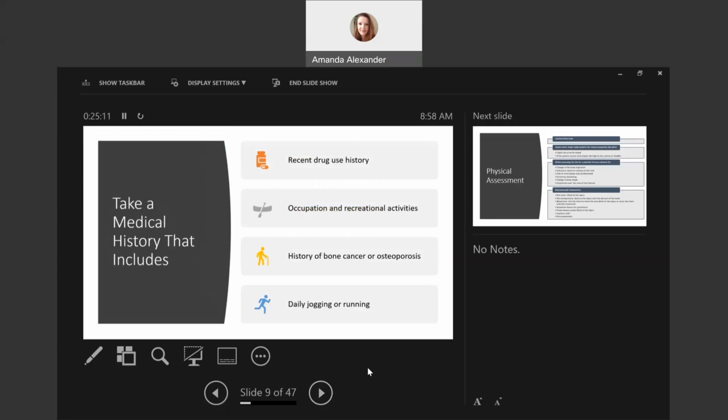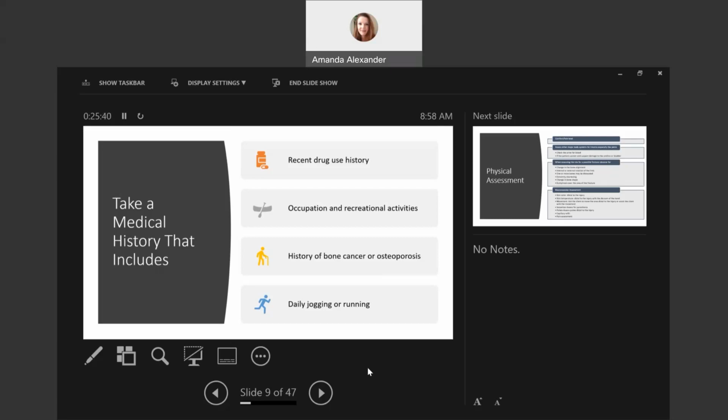Take medical history. That includes recent drug use and history. Drugs do affect how wounds heal. Just remember that NSAIDs can delay wound healing, especially bone wound healing. So it's important to understand what kind of medications the patient may be on.